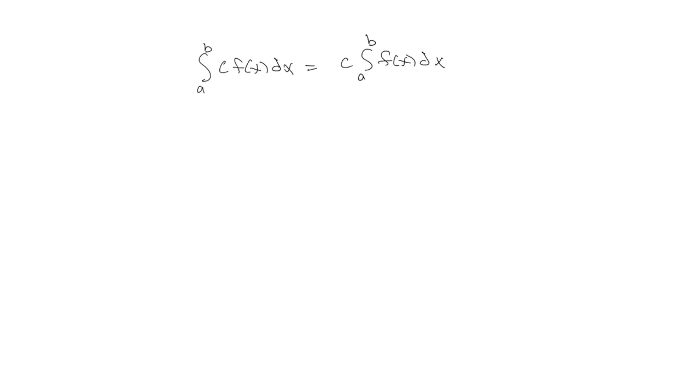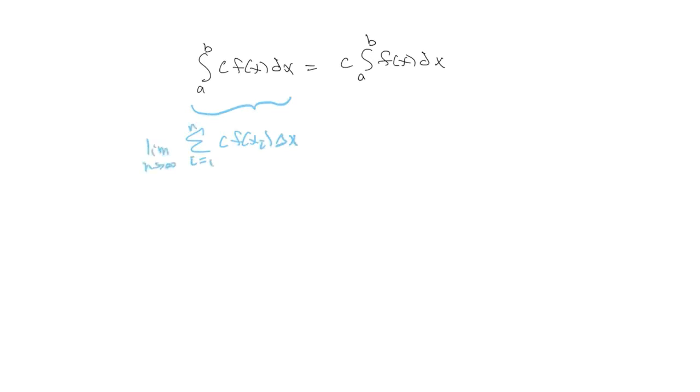Now if we think for a moment, I just want to loosely justify what we're doing here. In our definition, this is the sum of c times f of x sub i times delta x. I mean, technically there's a limit here.